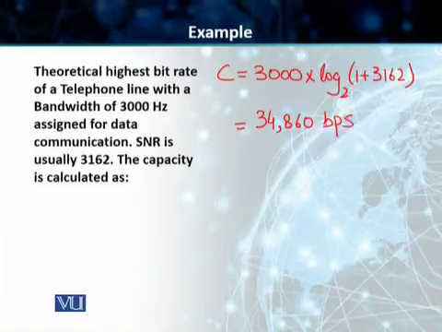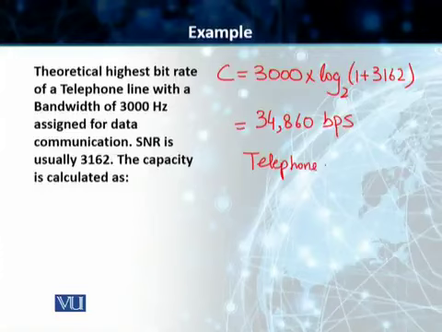What this means is that the highest bit rate for a telephone line is 34860 bits per second, and if we want to send the data faster than this, then we need to increase the bandwidth of the line.